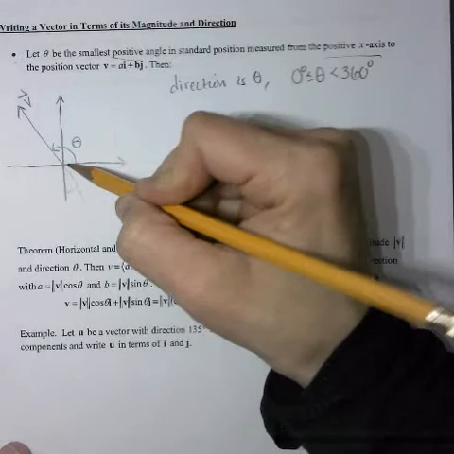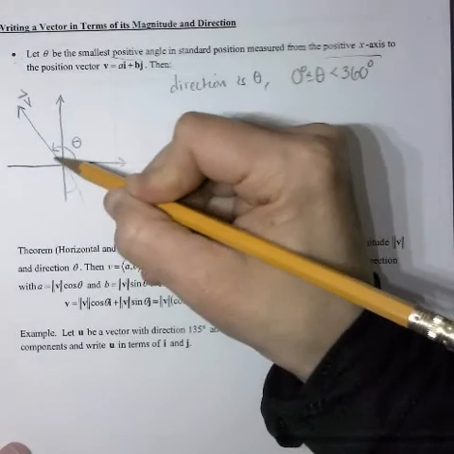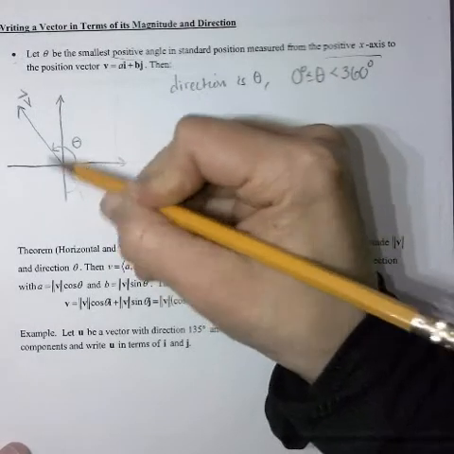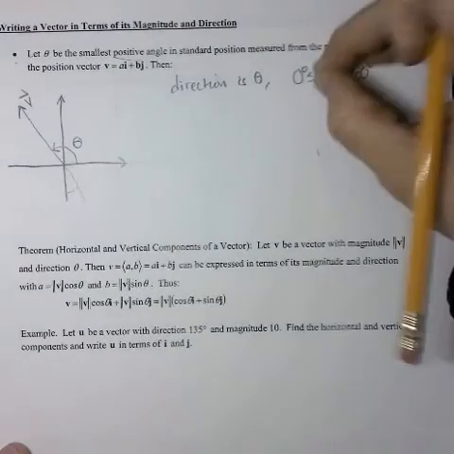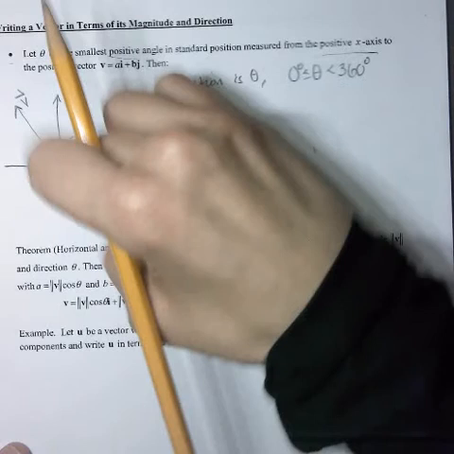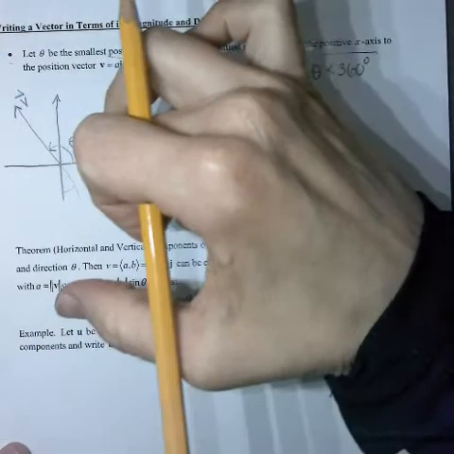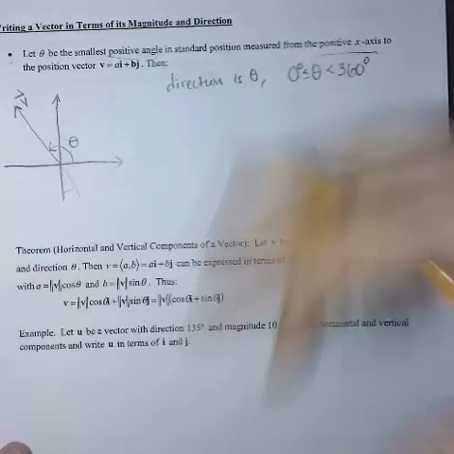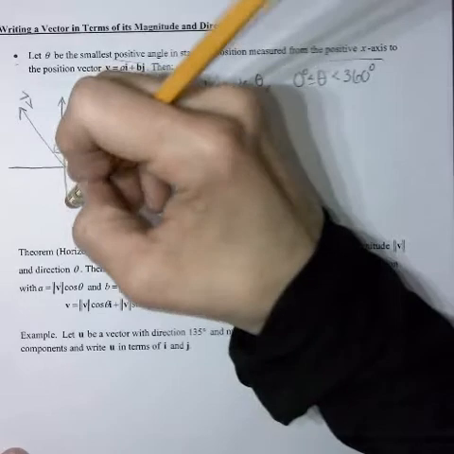It's got to be theta is 270 plus the 30, or 300 degrees. It's really important that you get theta in the right quadrant, because once you use trigonometry, that affects the sign.